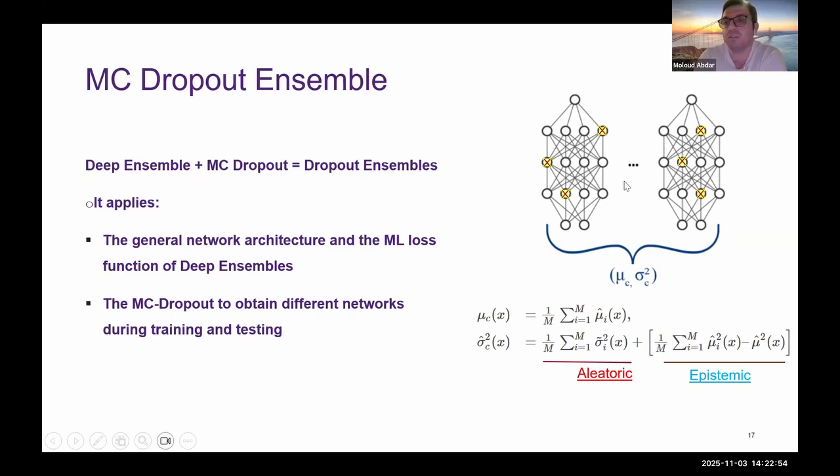Then by calculating mu, which is the mean, and the variance, the variance shows the uncertainty level, and mu would be the final prediction of the M networks that we have.